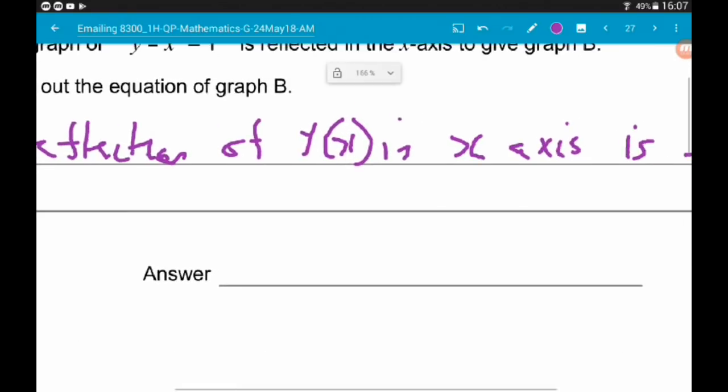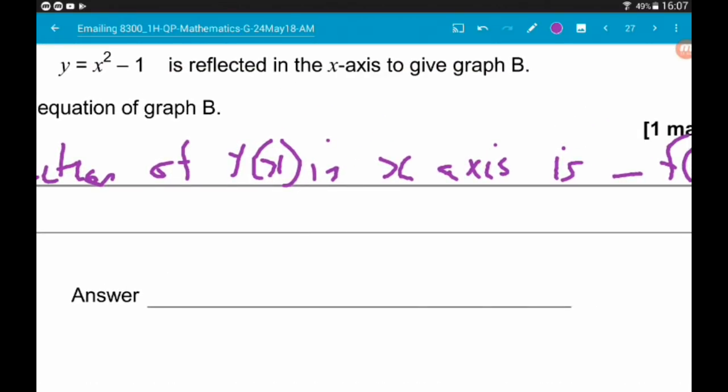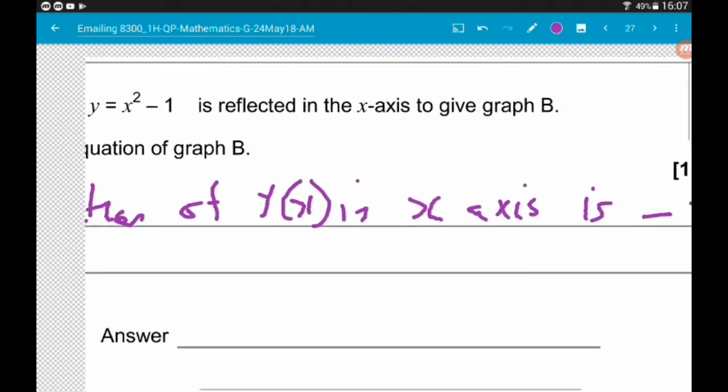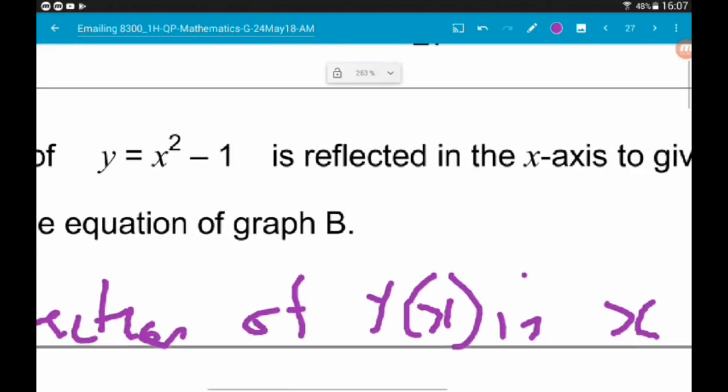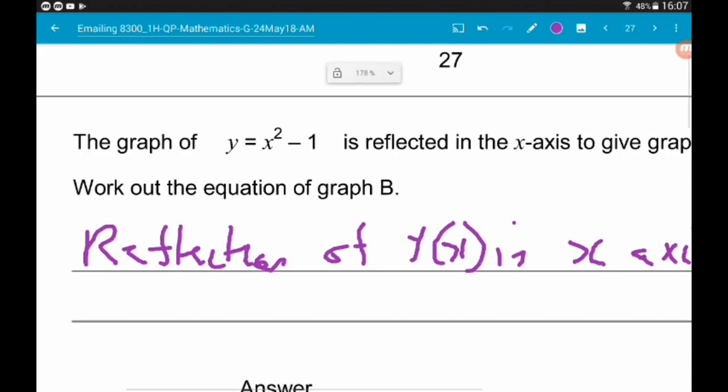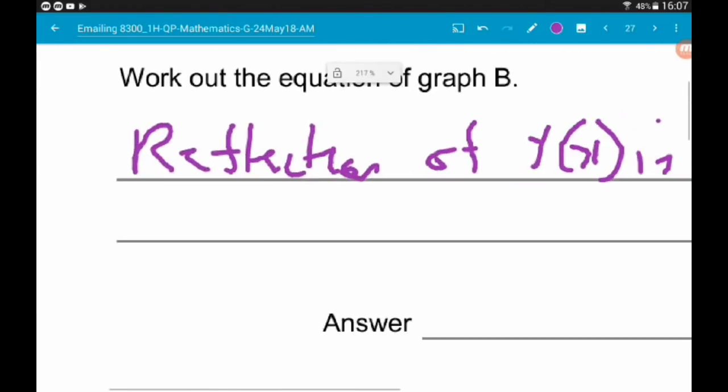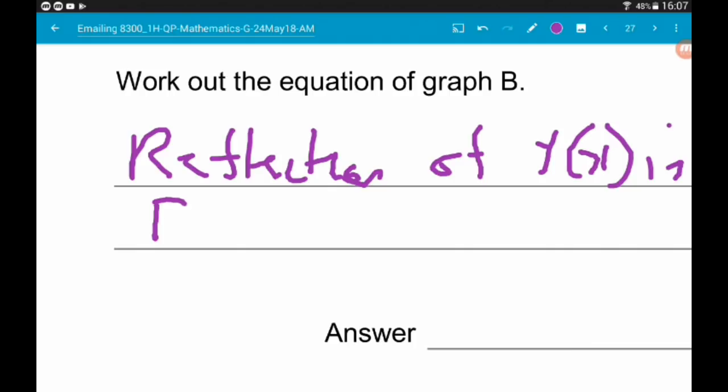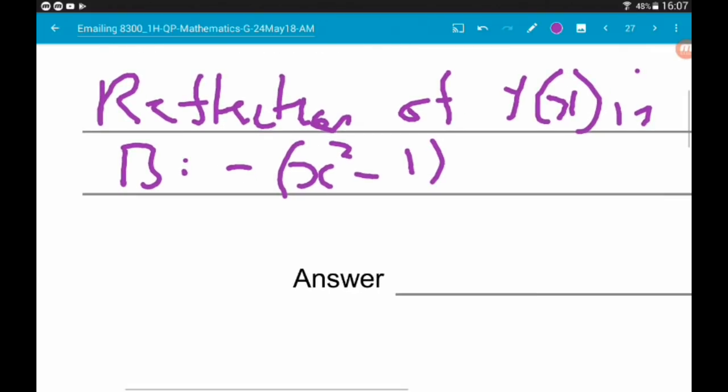So graph B is going to be minus x squared minus 1, or the negative of it. So graph B is minus x squared minus 1. So it is minus x squared plus 1. Cool.